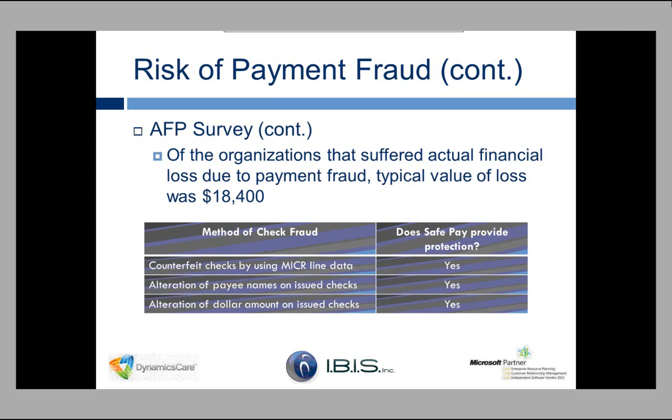So someone getting a hold of a check that you've issued out of GP and making modifications to either the person on the payee or memo line, or to the dollar amount itself. For your organization to monitor this can be a bit time-consuming, but time can be minimized by using SafePay to provide protection for you in the case of payment fraud.